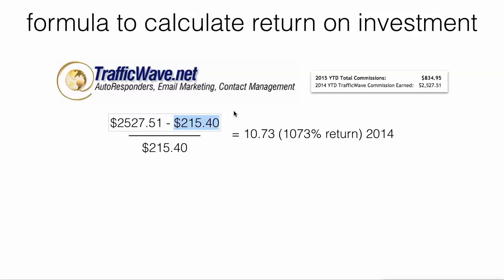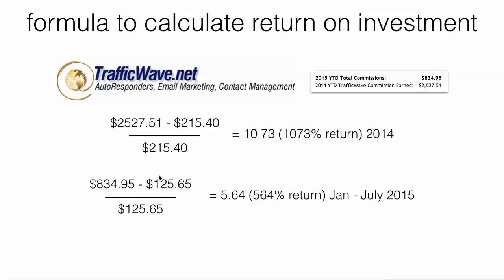That's $215. So I took my gross profit minus my costs divided by my costs, and I got 10.73. Now, in 2014, my business, this income source, really, because it runs on autopilot, returned me 1,000%, which is pretty amazing.